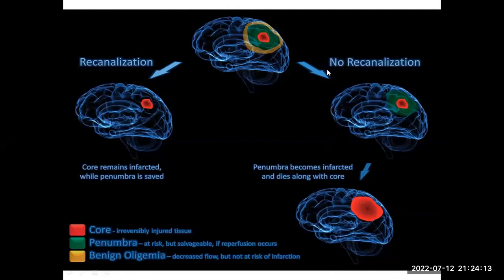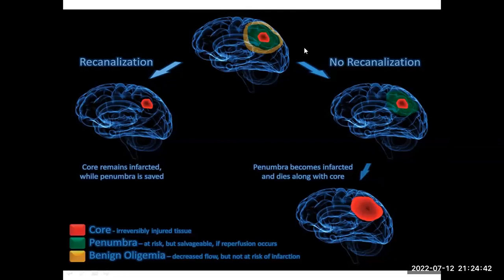So this is the basis of reperfusion therapy. What you want to do with reperfusion therapy is to save this area, which is called penumbra. And what is keeping this penumbra alive until 4.5 hours, as the window says, is the collaterals. In a lot of patients, there are a lot of collaterals, and these collaterals will be successful in supplying the penumbra, but it will not help the core of ischemic tissue.